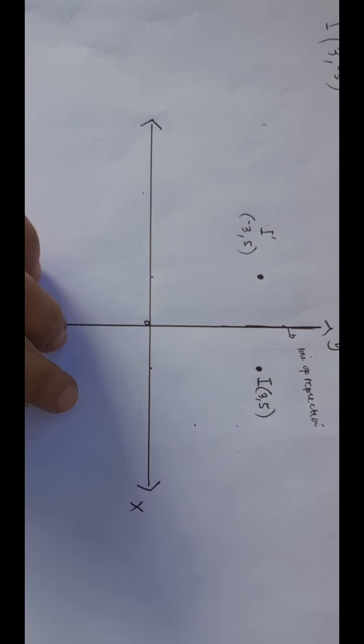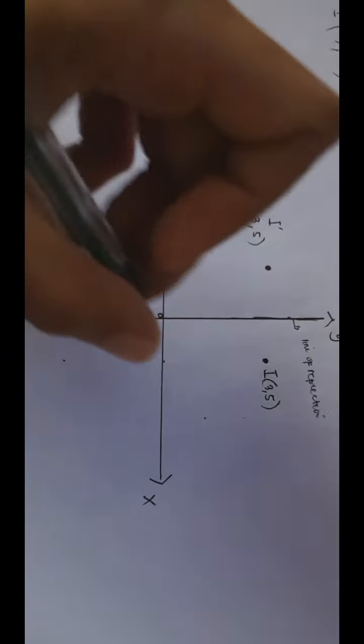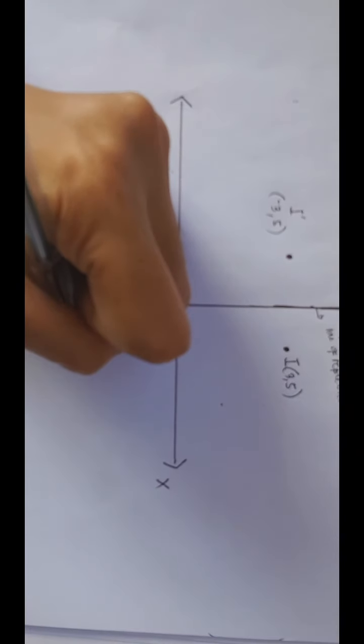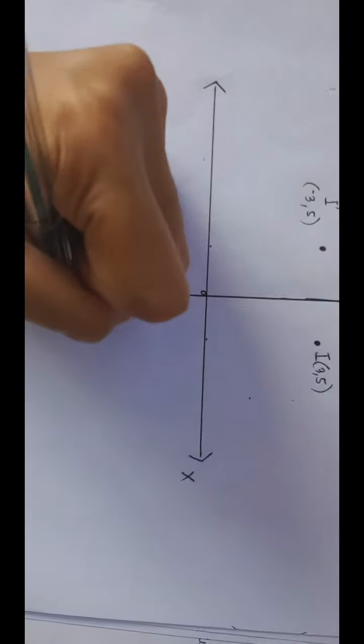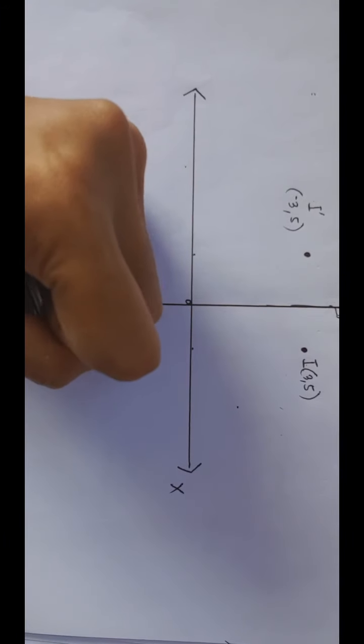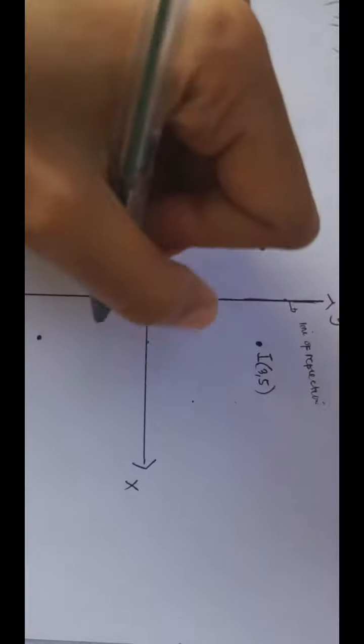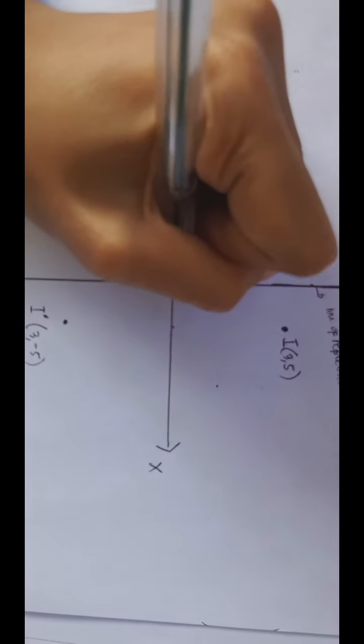fourth quadrant. Okay, let's, for example, this is I second prime (3, -y). Now this is our line of reflection.